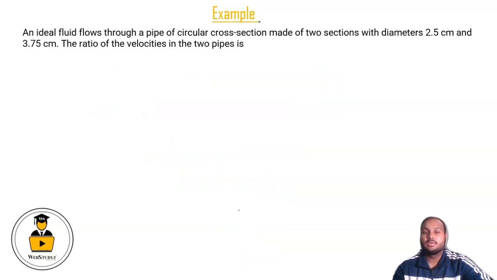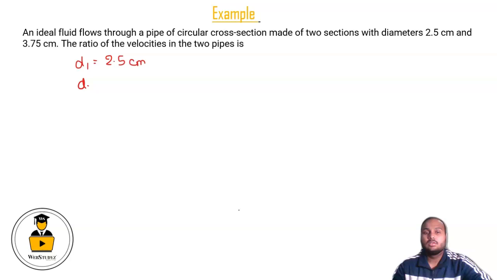Let us solve one more question. Here it is asked that an ideal fluid flows through a pipe of circular cross section made of two sections with diameter 2.5 and 3.75 centimeter. We need to find the ratio of velocities in both pipes. So the first diameter we have is d1, which is 2.5 centimeter.